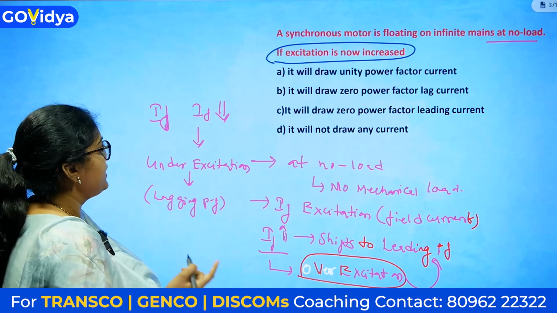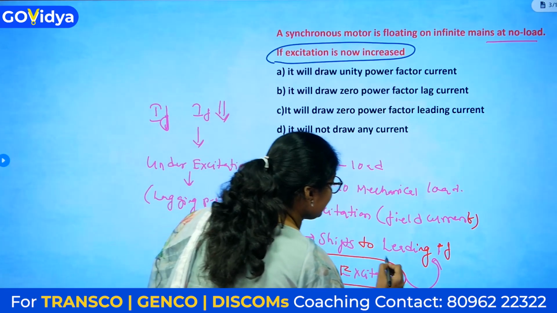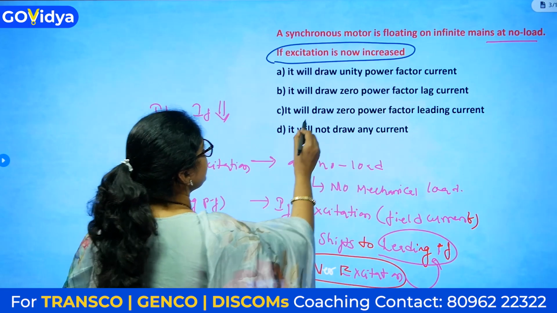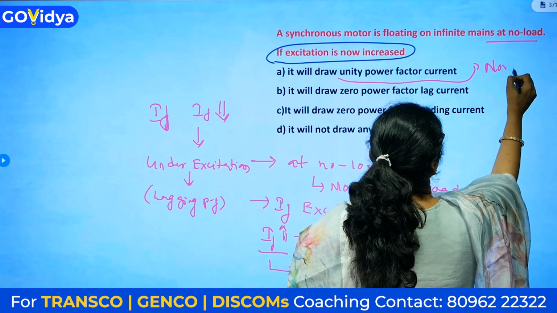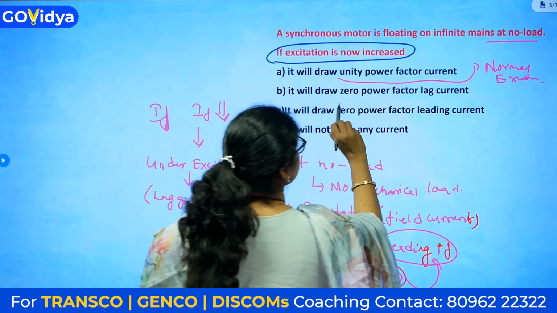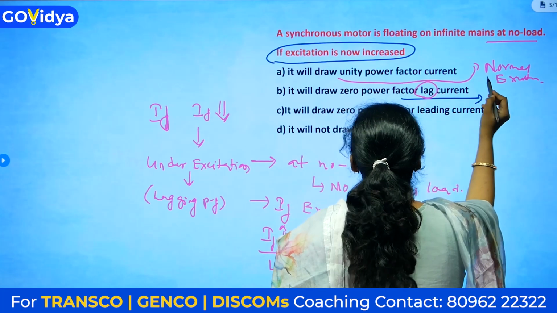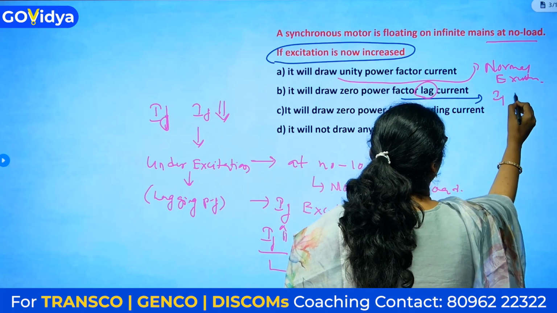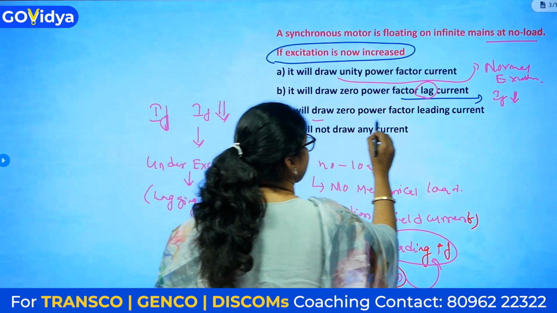Clear? So in the question, excitation is increased. So if excitation increases, it shifts to the leading power factor. Unity power factor works under the normal excitation. Will it draw zero power factor lag current? No. Lag is if excitation decreases, IF decreases. Will it draw zero power factor leading current?